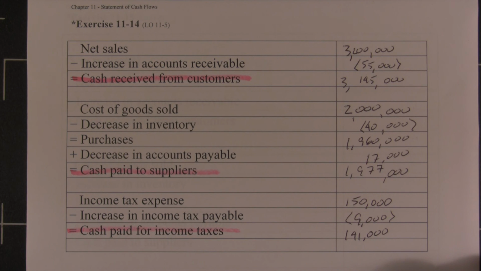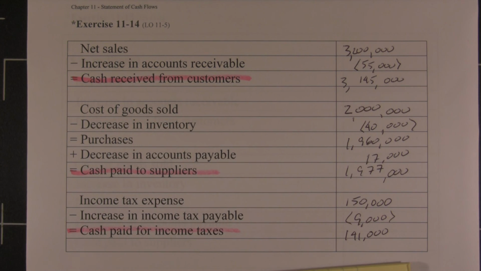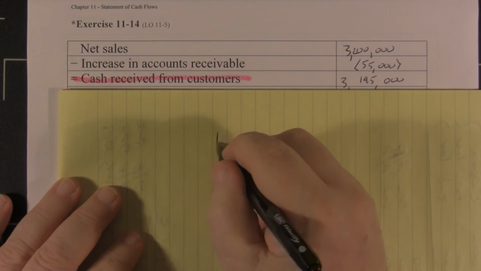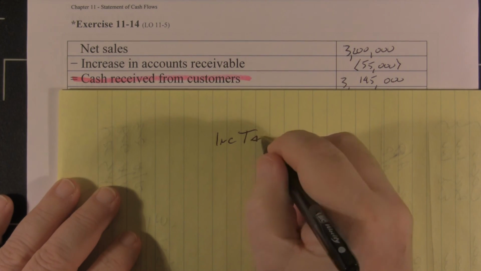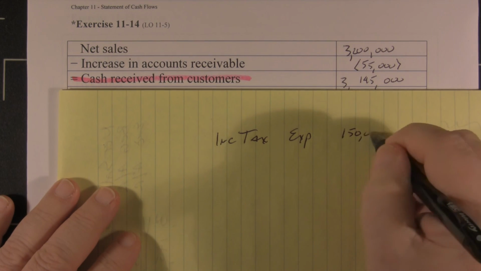Now again, we can do that using my I ain't that bright method. Take our income tax expense of $150,000.